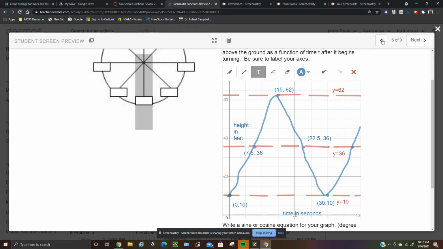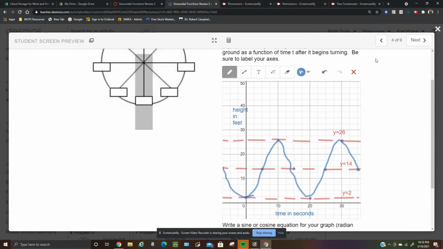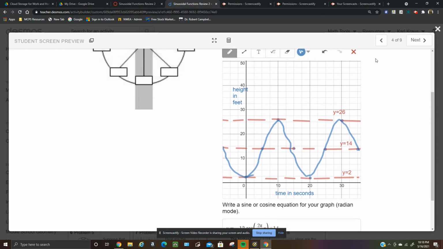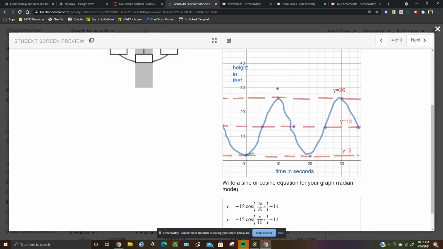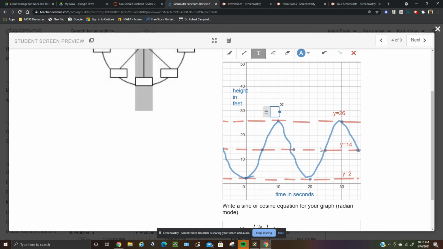Don't know if I labeled the other graph either. Let me see. No, I didn't, but let me label one cycle here. This is (10, 26).